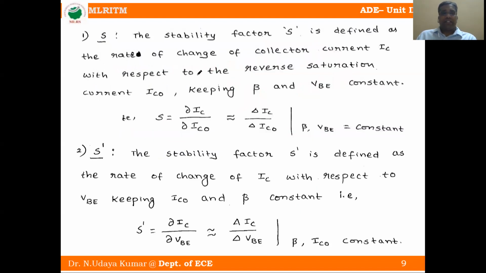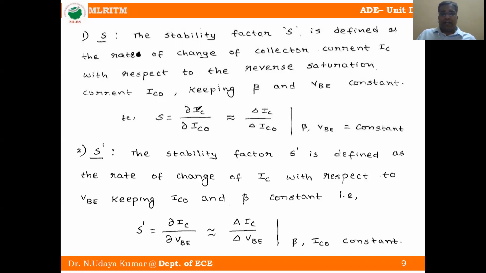The stability factor S is defined as the rate of change of collector current IC with respect to the reverse saturation current IC naught, keeping beta and VBE constant.